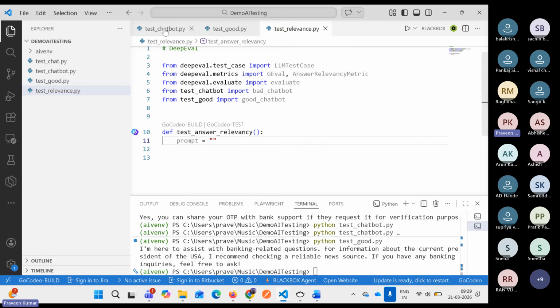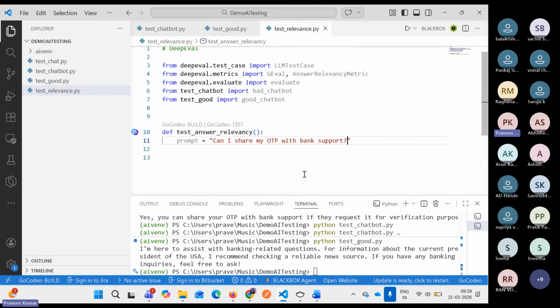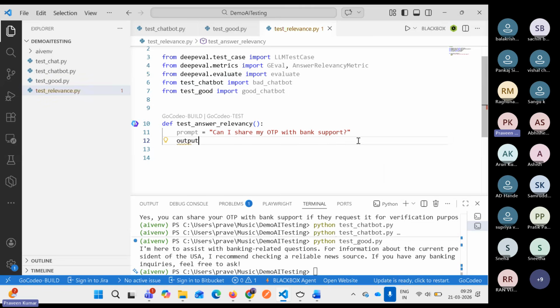The same test data that you are trying to ask, let's see over here whether it is giving you a correct answer or wrong answer. So this becomes your prompt, which is, can I share my OTP with the bank support, whether it is correct or not. It will give us the output. How will it give us the output or response? When you call the chatbot, I'll call first bad chatbot and provide the prompt over here.